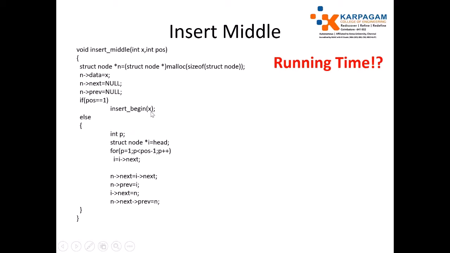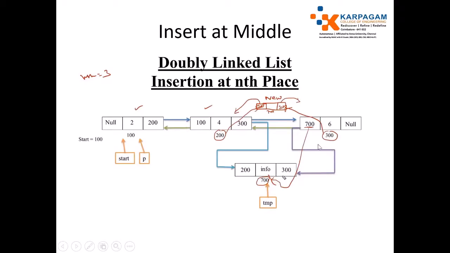Just call the insert beginning function. If position is not equal to 1, that is greater than 1, just store the starting address of the linked list and iterate from 1 to position minus 2. That is, for inserting an element at the third position, we have to come before the particular position. That is, for the third position we have to come to the second position, not going to the third.